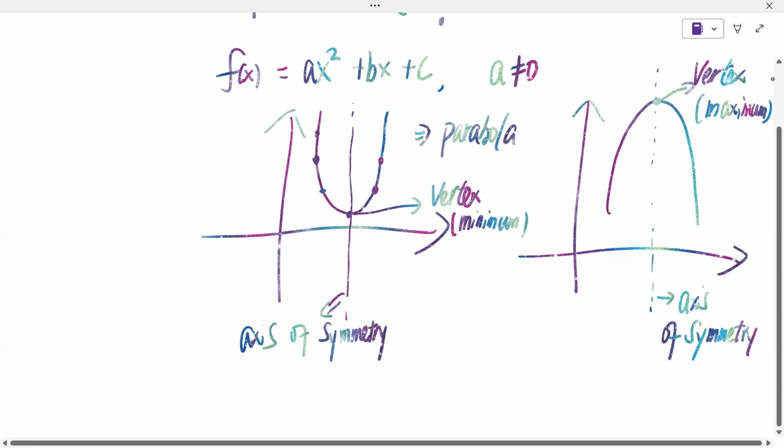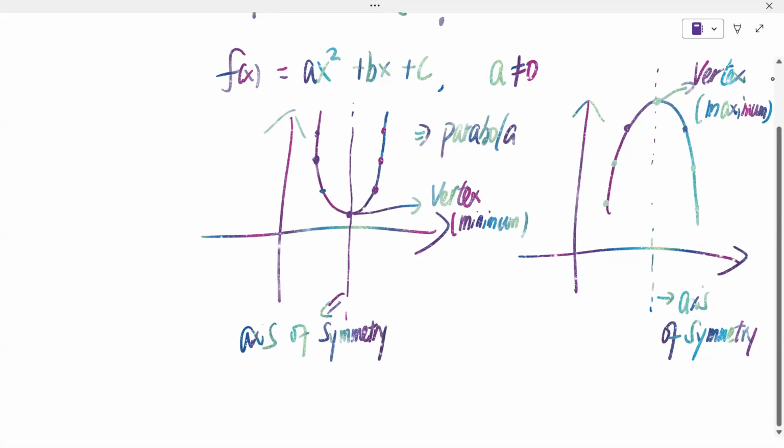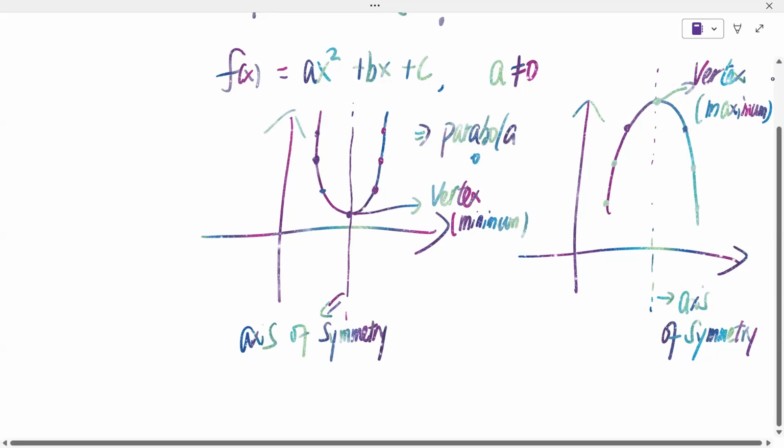Pick a point here, that's a symmetry point. Pick another point here, symmetry point. And that's basically the most important thing about the parabola, right? This shape is called a parabola, and that's what the graph looks like.